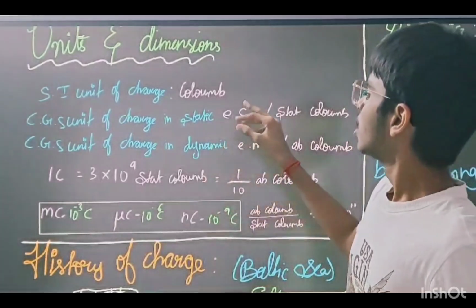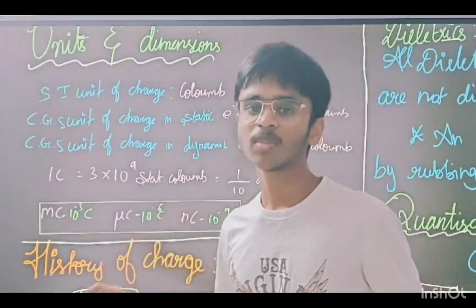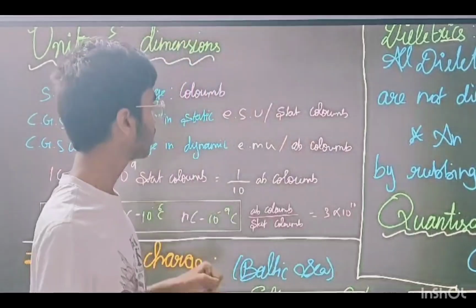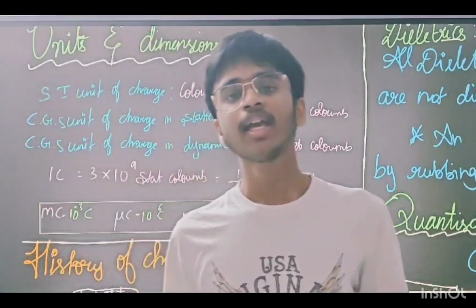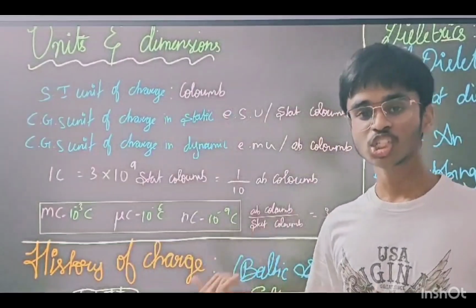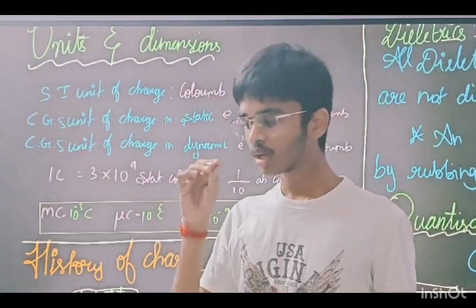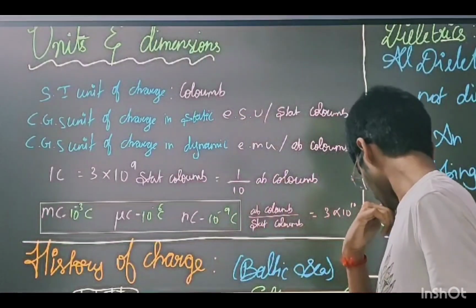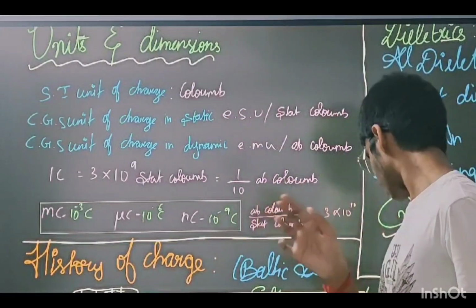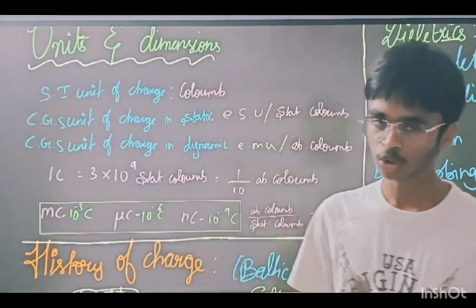The CGS unit in the case of static, that means in electrostatics, is going to be stat coulomb, or it is going to be ESU, electrostatic unit. In the case of dynamic, the CGS unit is going to be EMU, electromagnetic unit, or it is going to be ab coulomb, which is absolute coulomb.